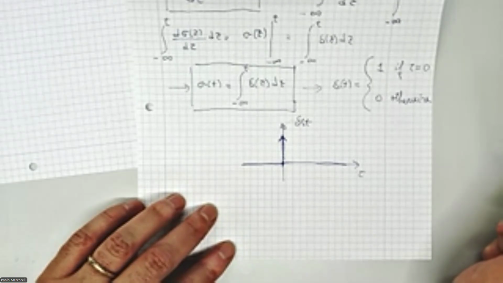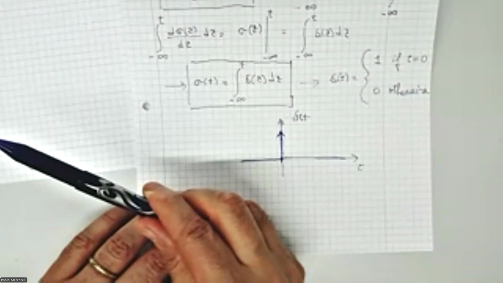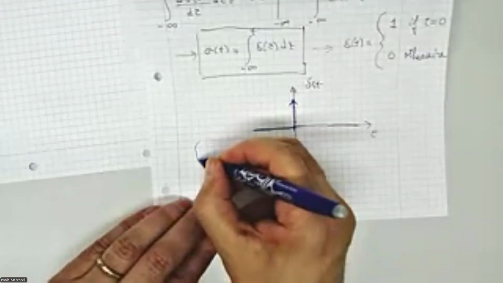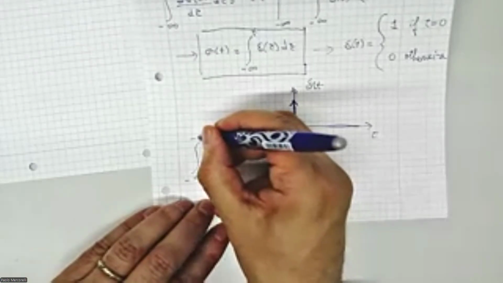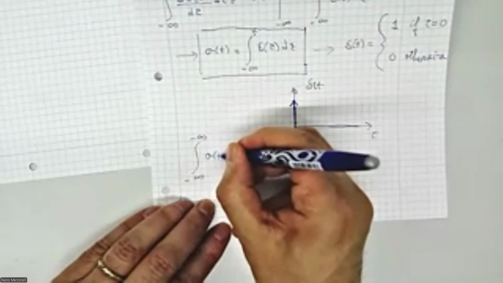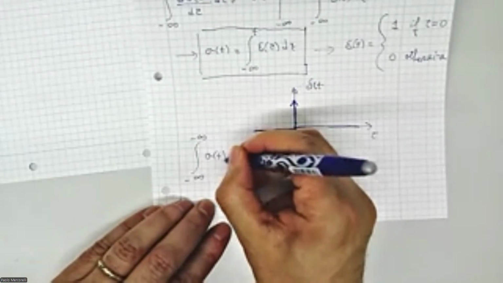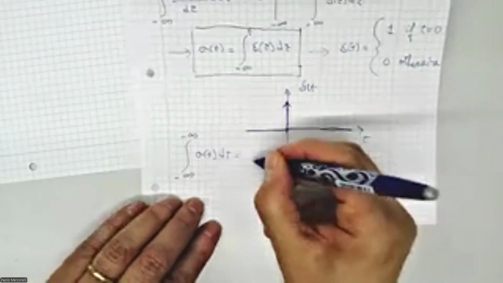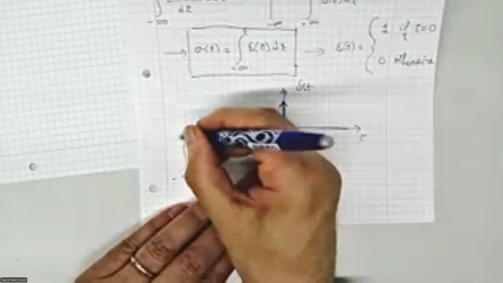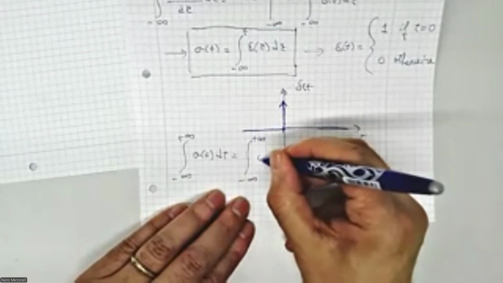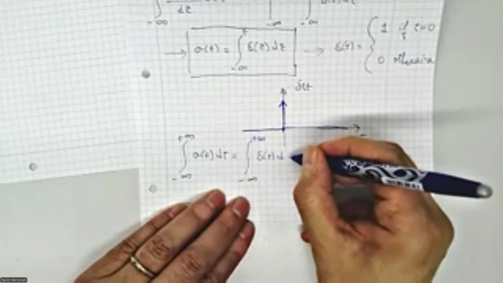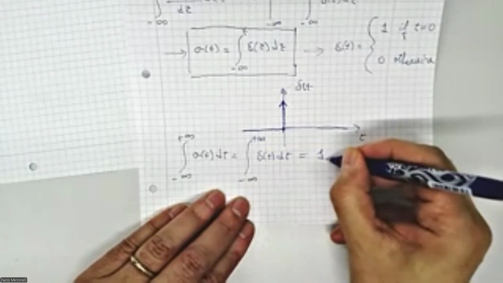This means if I am considering now again this between minus and plus, clear, it is equal to 1, no?